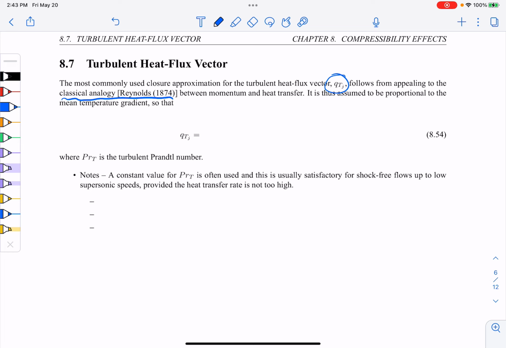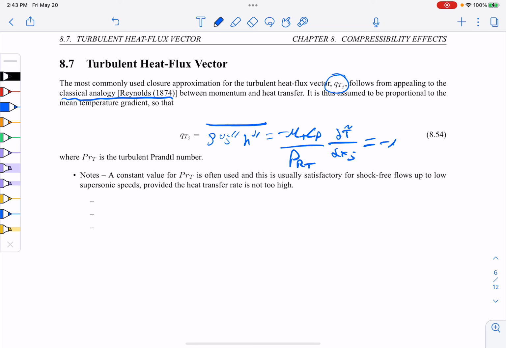So in the compressible case, we might write rho uj double prime h double prime bar, which is equal to negative mu t cp over turbulent Prandtl number times partial T tilde partial xj, which is equal to negative mu t over Pr t times partial h tilde partial xj. And this is the turbulent Prandtl number, as I just mentioned.